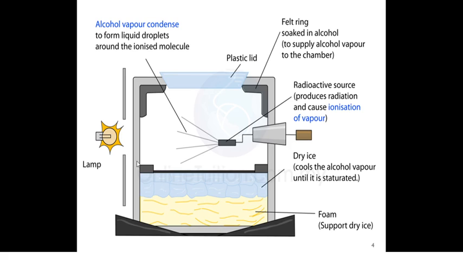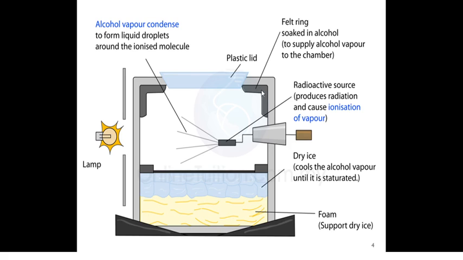So again, this is a light or lamp from which the light will enter into the chamber. This is the radioactive source which produces the radiations. So whenever this radiation enters this chamber, what happens? Ionization of the particles takes place, and the chamber consists of what? Alcohol vapor, and alcohol vapor condenses to form liquid droplets around this ionized molecule.